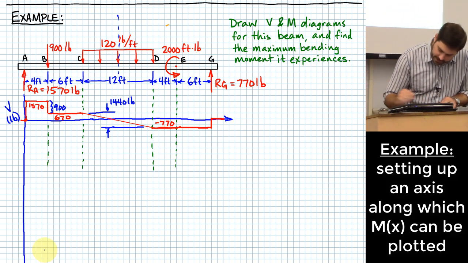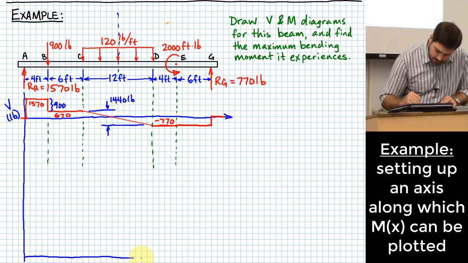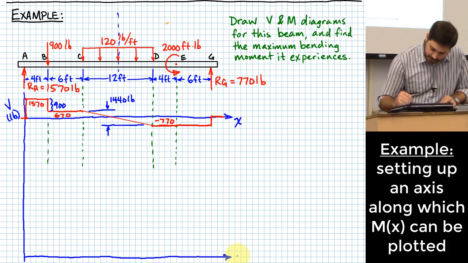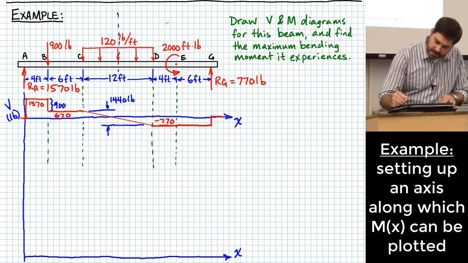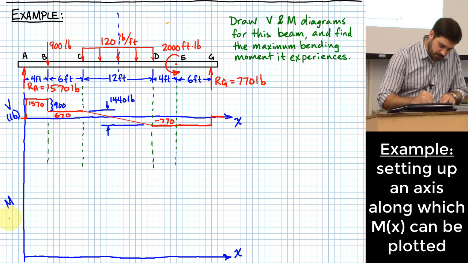And I'm going to go ahead and down here, let me say, I'll make this my 0 point, right? This is for my X location. I'm about to plot M, and M is going to be in foot-pounds.